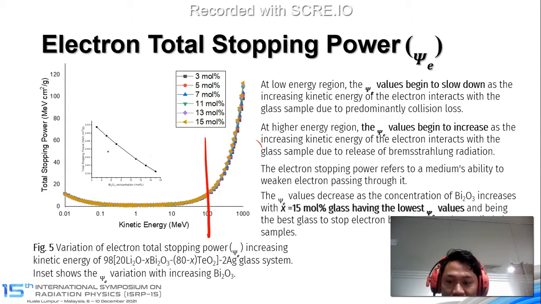For the electron stopping power, whenever we increase the bismuth, you can see it decreases linearly. It is due to the bismuth element that is increased whenever we add the concentration of bismuth oxide. Okay, and then the lowest value will be at 15 mole percent.